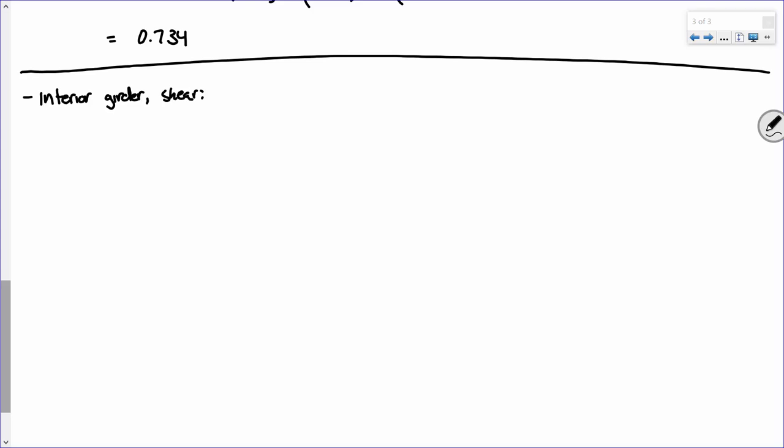I'm going to make you dig through the spec and tell me what the distribution factor is for one lane loaded scenarios and for 2 or more lanes loaded scenarios.